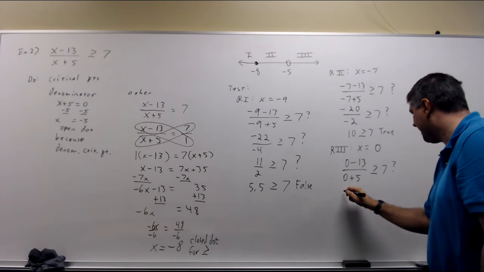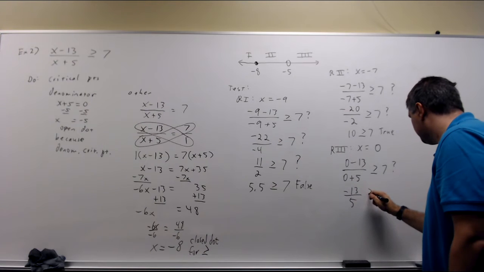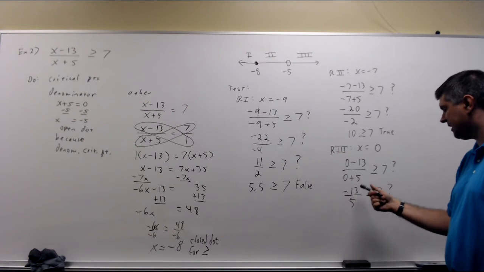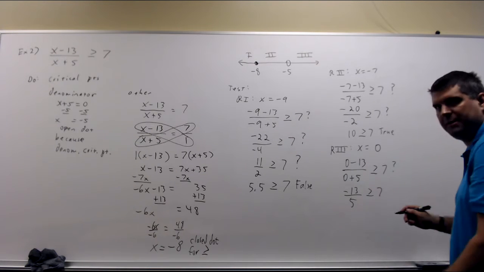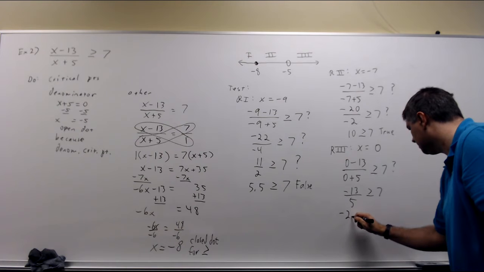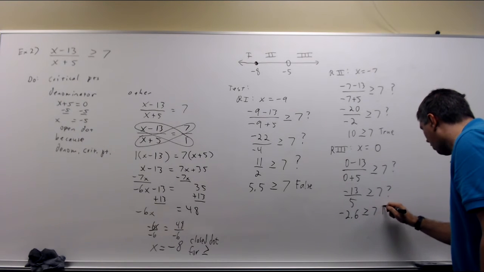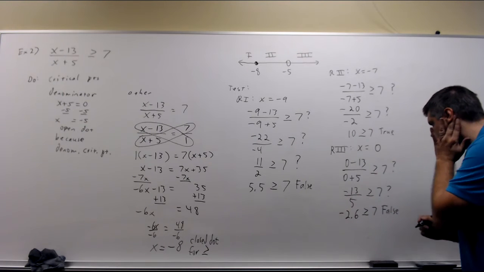So I have -13 over 5. All right, well that's negative, folks. If I convert it to a decimal, it'd be -2.6. That's false. There's no way a negative number is greater than or equal to 7.